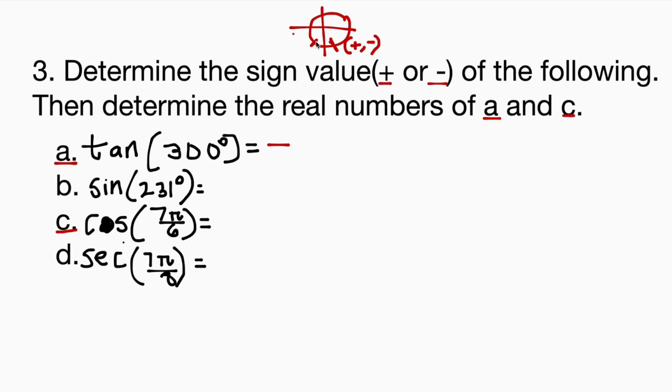Since our hypotenuse is a positive value and our y value is negative, our sine is going to be a negative value.